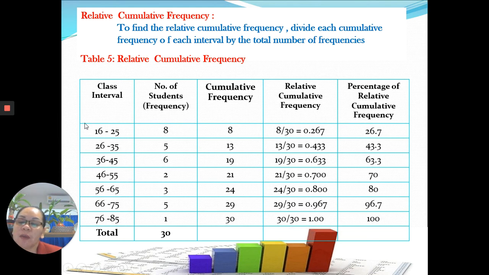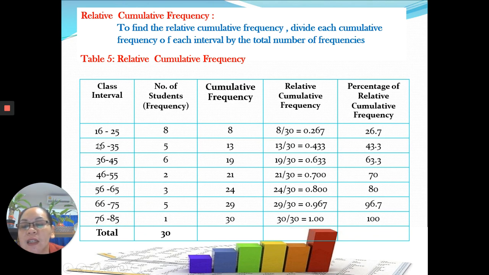So for example, our class interval is 16 to 25, or the first class interval. The cumulative frequency is 8, so that will be 8 divided by 30, which is equal to 0.267. And then the percentage of that is 26.7.